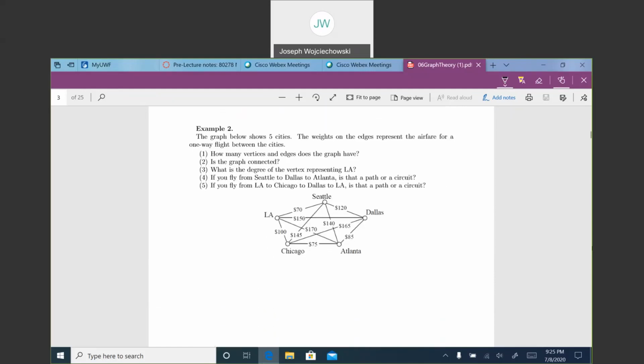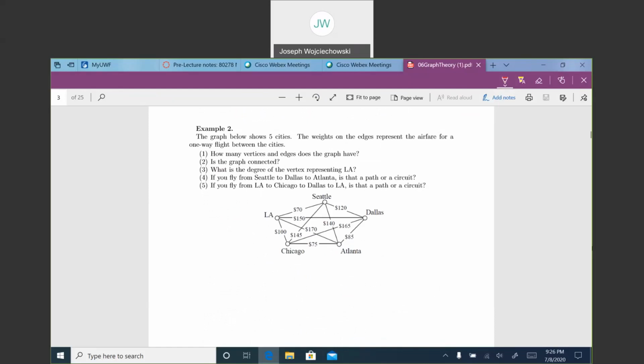So we have an example here. The graph below shows 5 cities. The weights on the edges represent the airfare for a one-way flight between the cities. How many vertices and edges do we have?